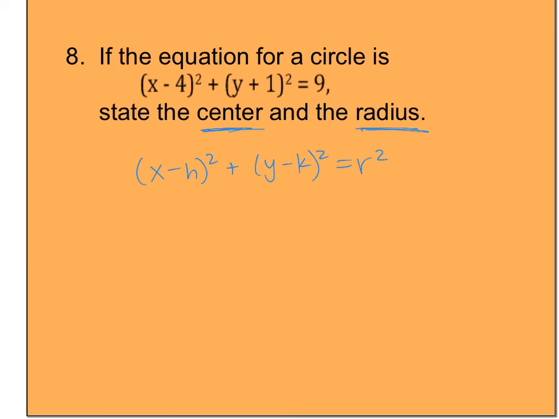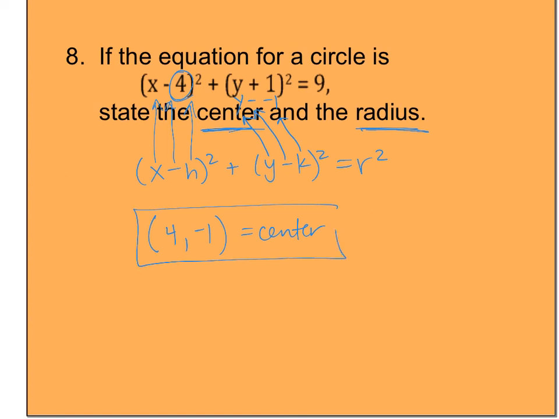So the h in this case is the 4 because the x matches, the minus matches. You're going to have to think about y plus 1 as y minus -1 because then the y matches, the negative matches, and k is -1. So our center is going to be 4, -1.